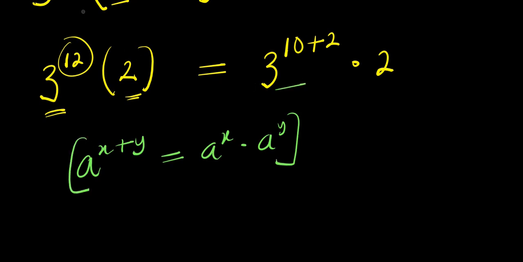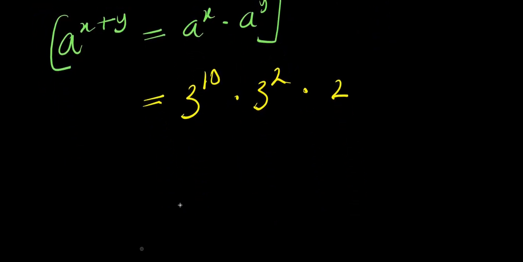Applying that here, we have 3 power 10 times 3 power 2 times 2. So from here, we have 3 power 10 times 3 power 2 is 9 times 2.